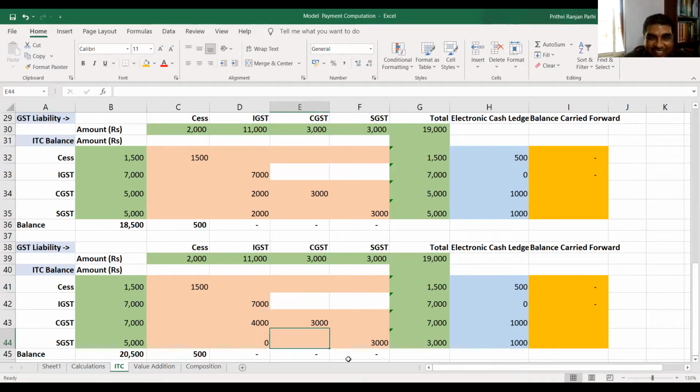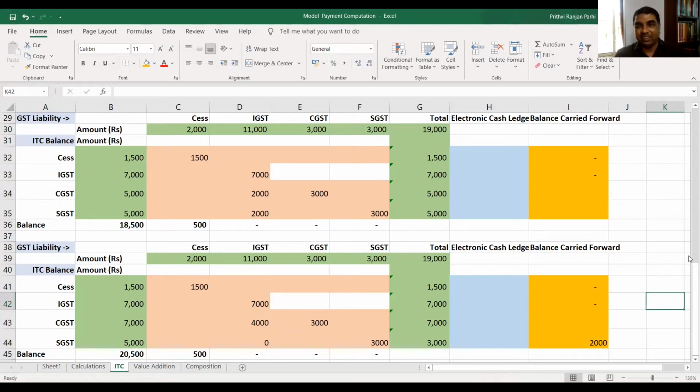I do not need it. Now, is it okay? No, sir, it will be balance carried forward, 2,000. 2,000 will be balance carried forward. Fantastic. Of SGST. Is it okay now? On this, cash balance will not be there. Is it okay now? Yes, sir.